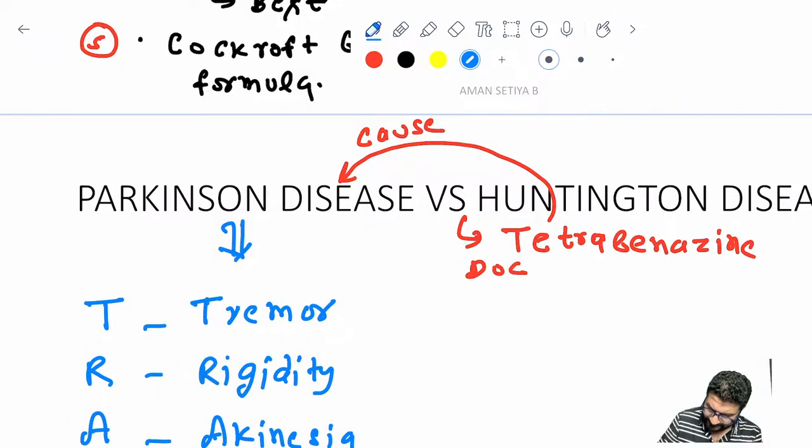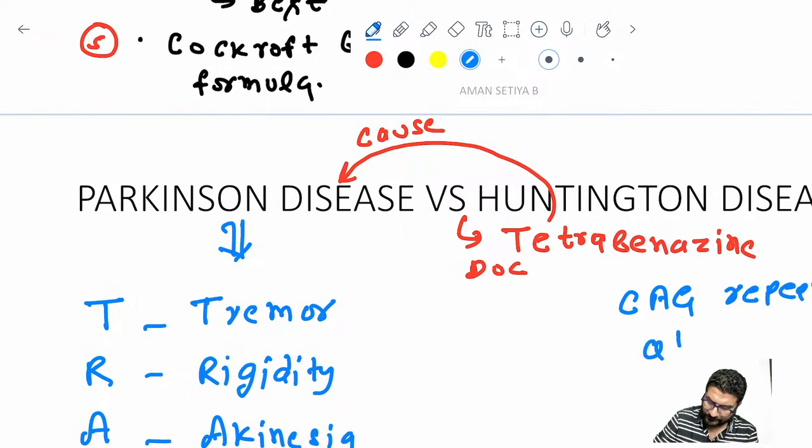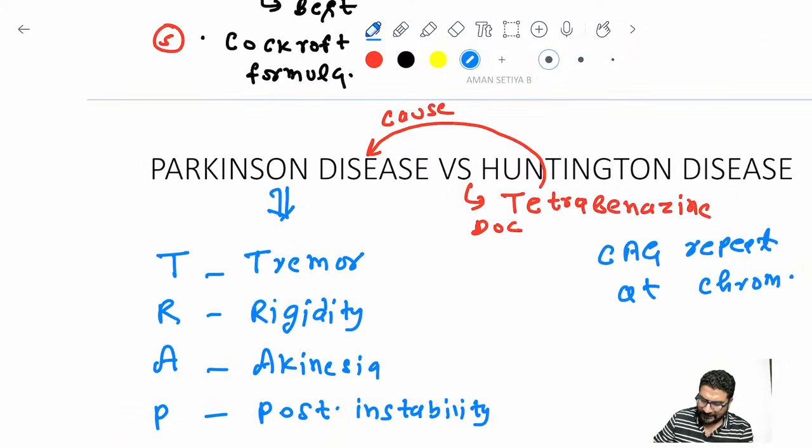In Huntington disease, it is due to CAG repeat, CAG repeat at chromosome 4. Yes, tetrabenazine can cause Parkinson. Done? So Huntington disease.